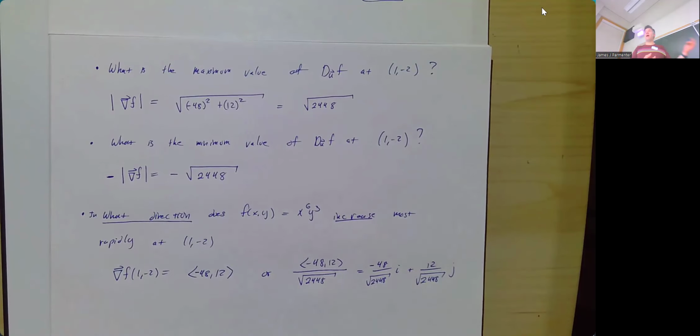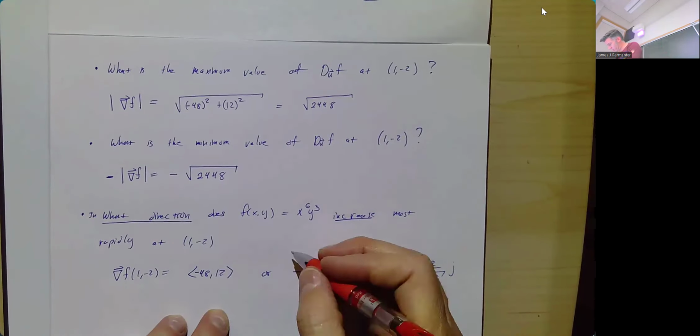If you've already found the magnitude of the gradient, then normalizing the direction of the gradient is really easy. You just take your gradient vector and divide it by the magnitude of the gradient. And I would say this is probably more likely to be the answer someone's actually asking you for.